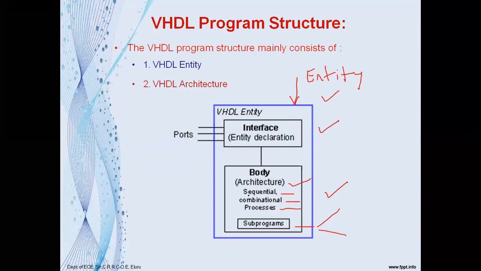Already we have seen the entity declaration and the syntax of the entity declaration, and in the last class we discussed a very important concept, the levels of abstraction. What do we mean by levels of abstraction?